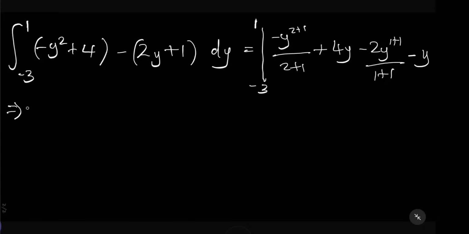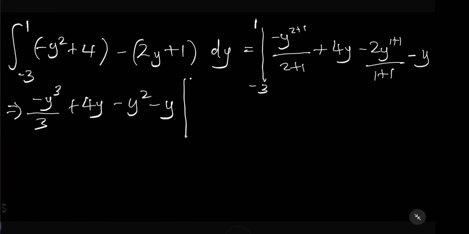That would give us minus y raised to the power 3 over 3 plus 4y minus 2y squared over 2, of which when this cancels you have y squared, minus y from minus 3 to 1.